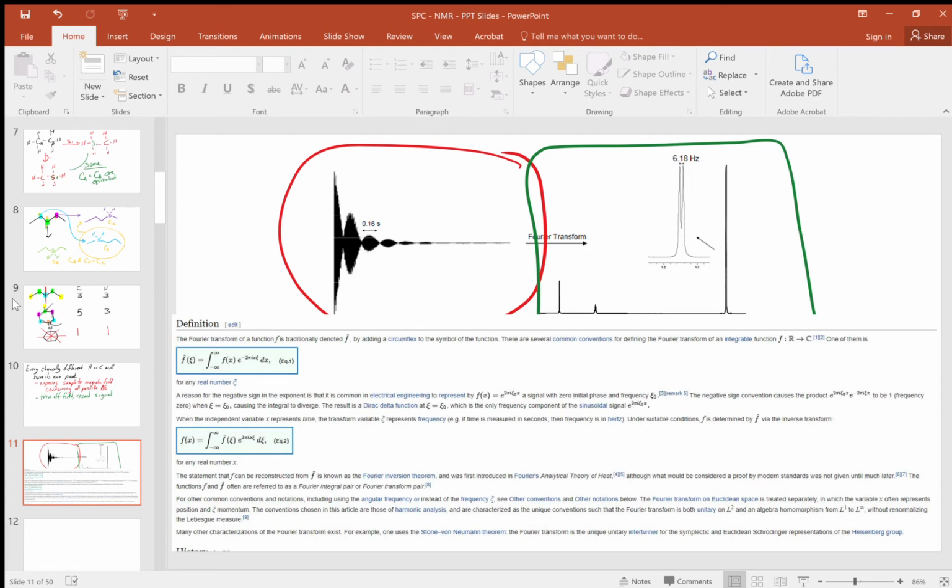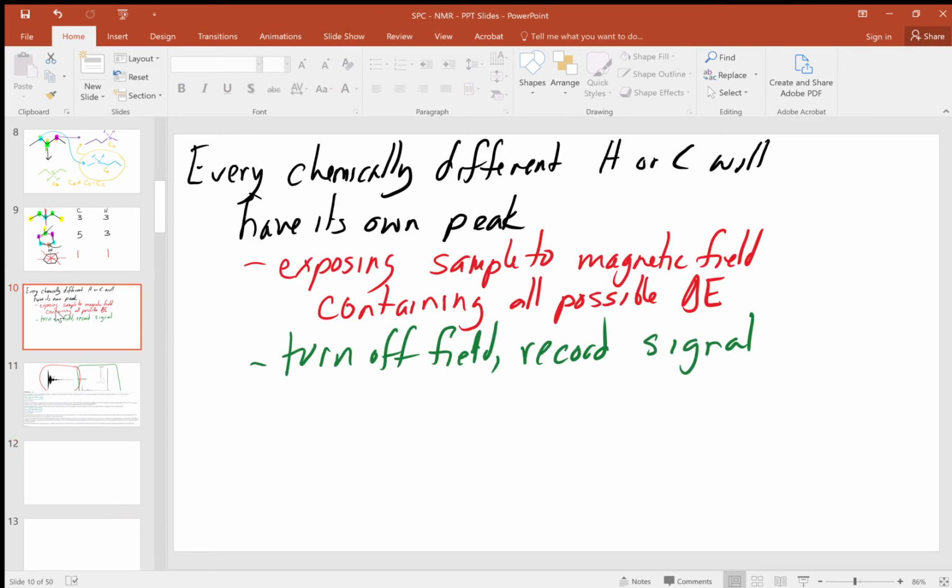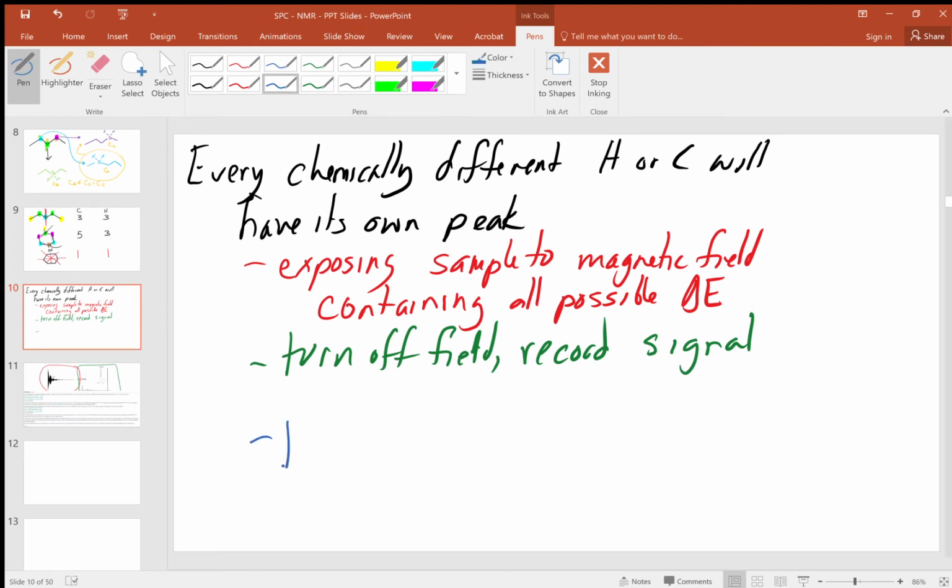As you can see here, Fourier Transform is a fairly complex mathematical operation, but any of the software that's designed for NMR spectroscopy does this operation in about a second or two. And what that gives us then is our actual spectrum that we can look at. So that's our third step that we can add in here, the Fourier transform of data.